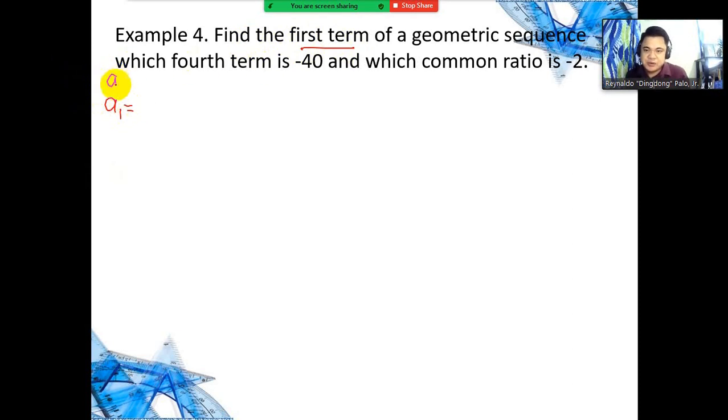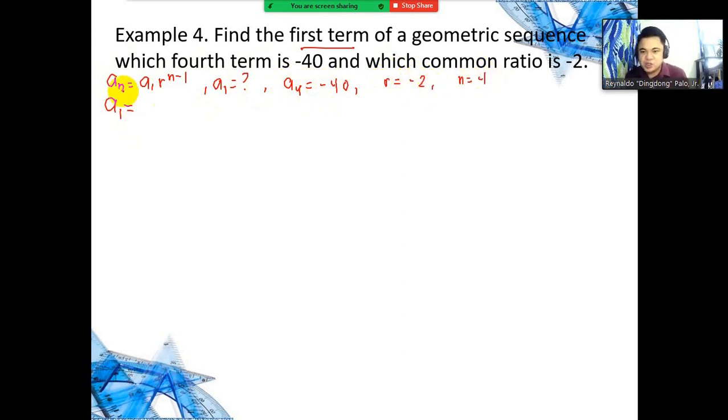Of course, we will be using the same formula, a sub n equals a sub 1 r raised to the power of n minus 1, wherein your a sub 1, of course, is unknown. That's the one that we're going to look for. And your a sub 4, which is the indicated term or last term, is negative 40. Your common ratio is also given, which is negative 2, and your n, of course, is 4.